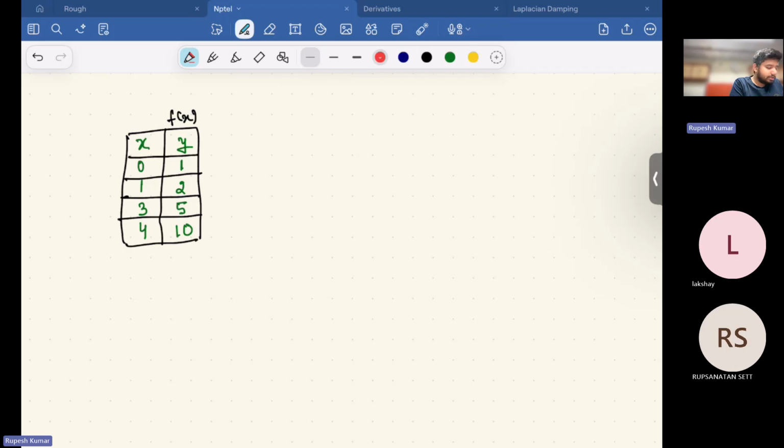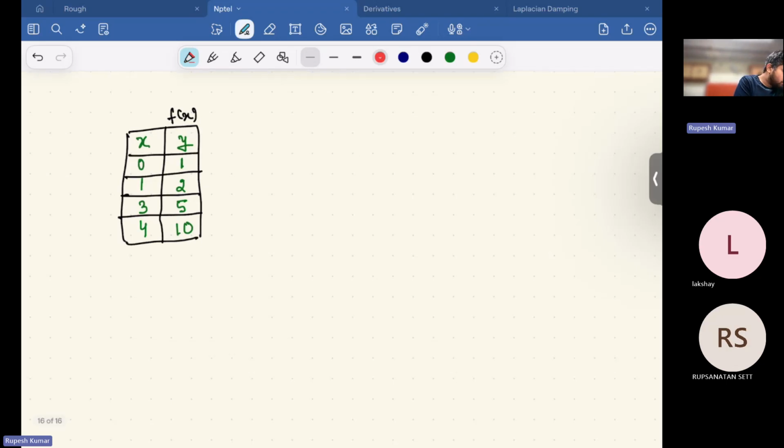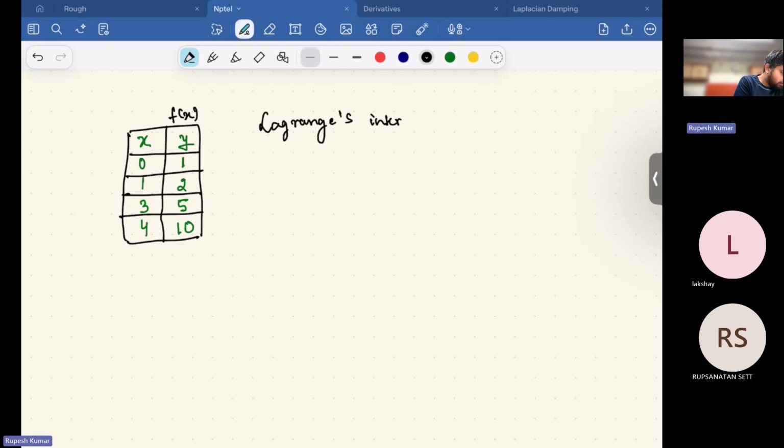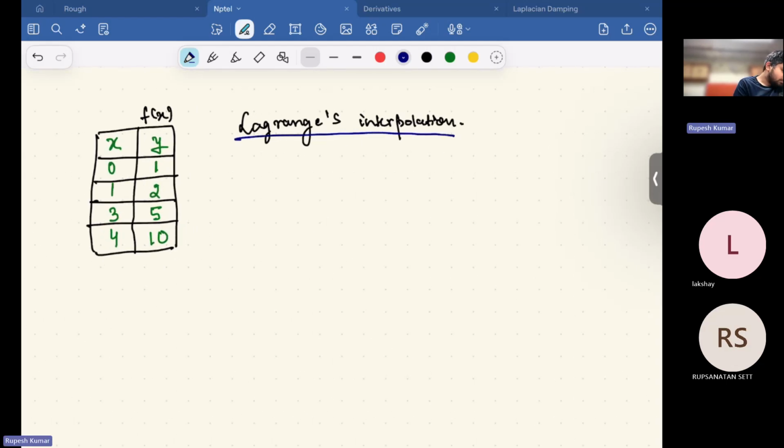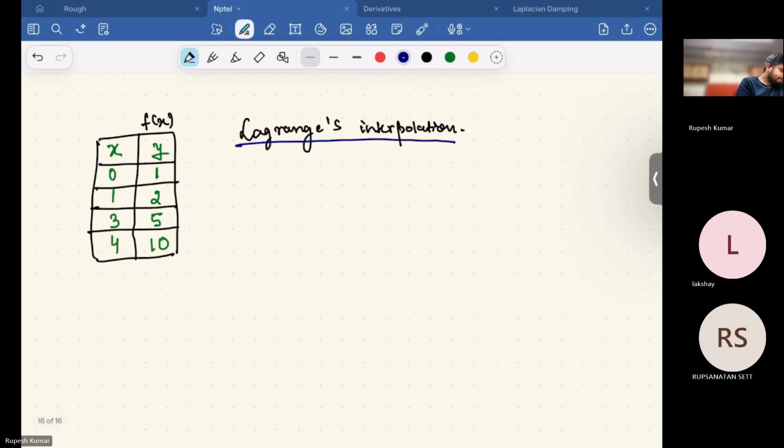So now the next thing we want to use is Lagrange's interpolation here, right? So we want to use Lagrange's polynomial to fit to these data points. Let's see how we can use this.